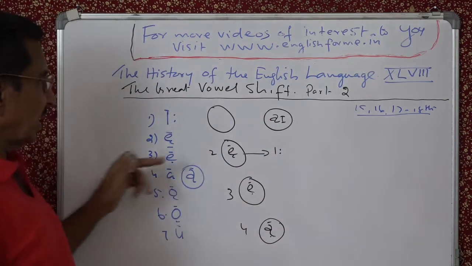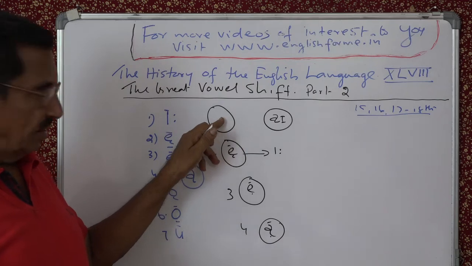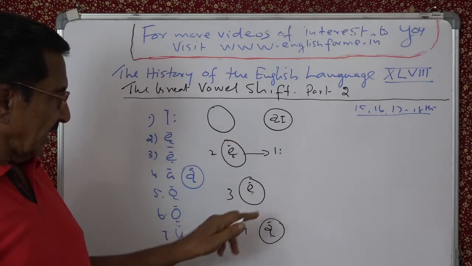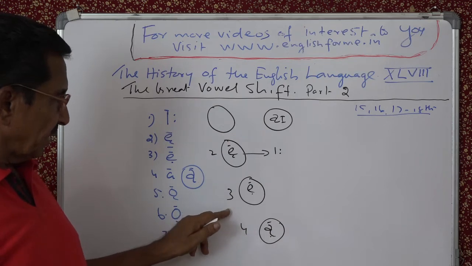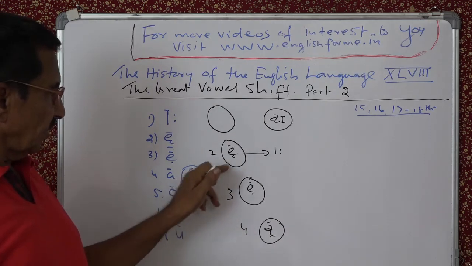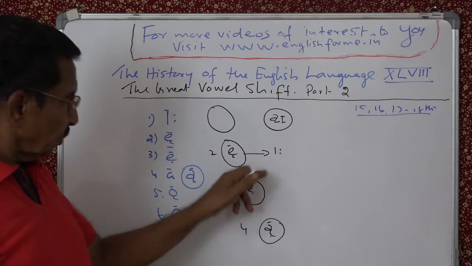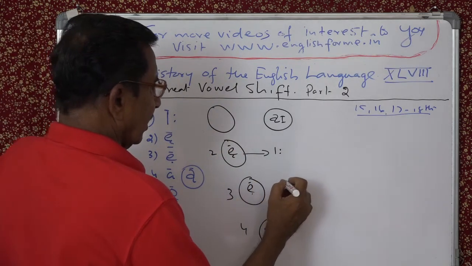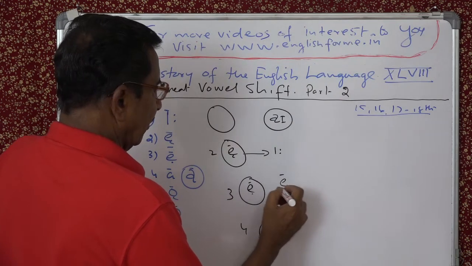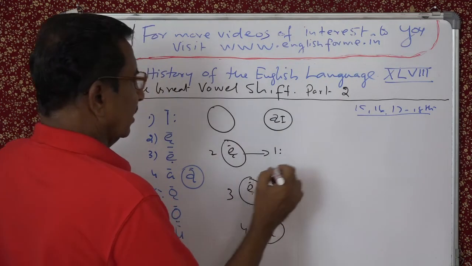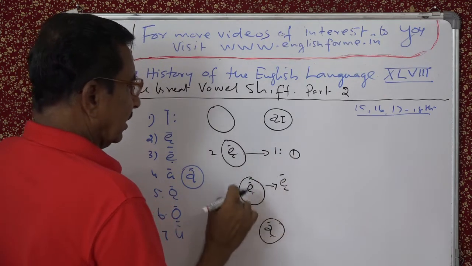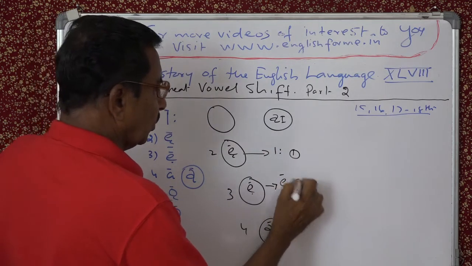Understand? Well, here you don't have the vowel. So this became E. See? And then what about the third vowel? Third vowel took the place of 2. So this became, are you following me? Yes. So 2 became 1 and 3 became 2.